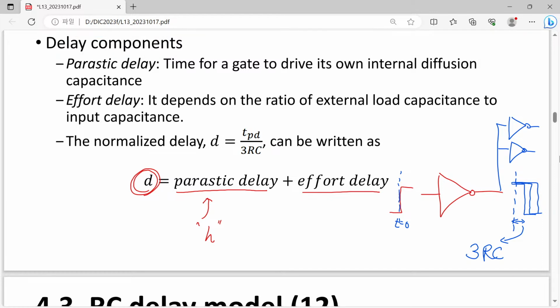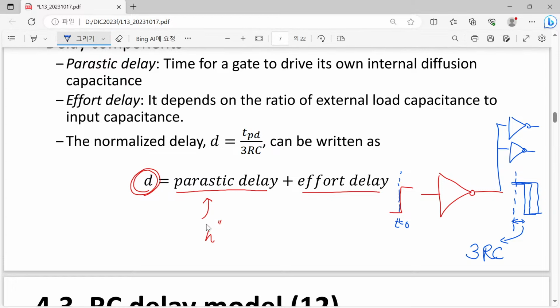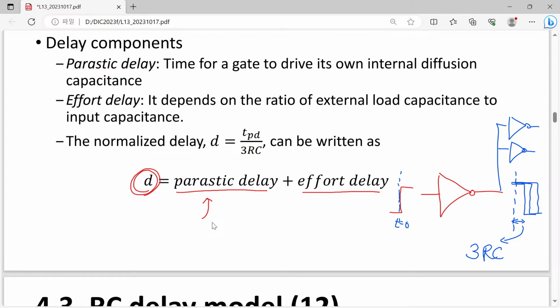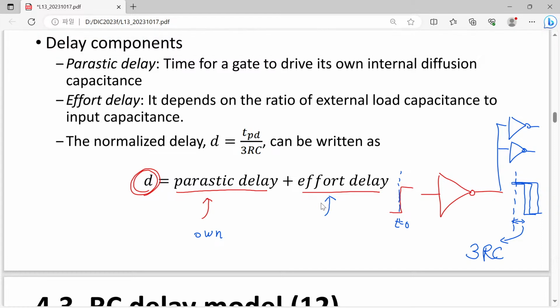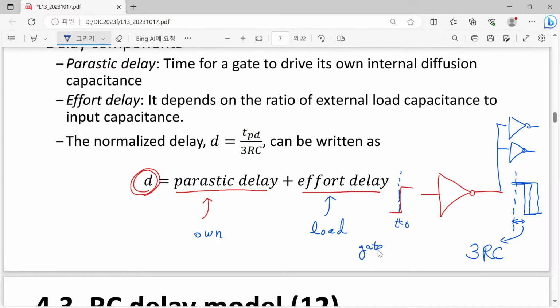So simply speaking, parasitic delay is its own delay even when we have nothing related with this loaded gate. However, this effort delay is the effort to charge or discharge our dependent loads. So this is related with our load gate.